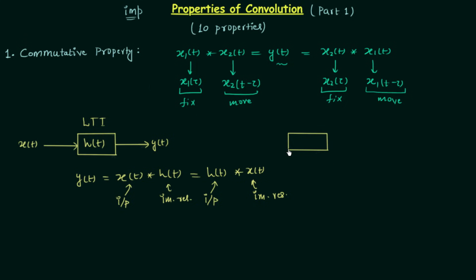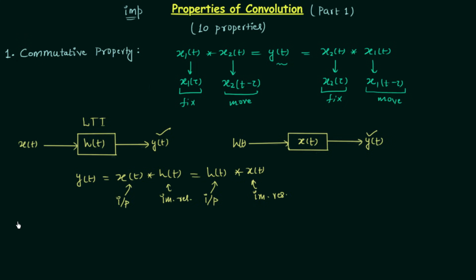The signal x(t) was acting as input in this case, but in this case it will act as the impulse response, and the input will be the impulse response of this system. We will have the same output y(t). This output y(t) is same as this output y(t). So this is from the system's point of view, and I hope you now understand what is the commutative property.